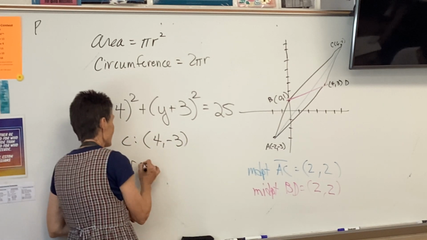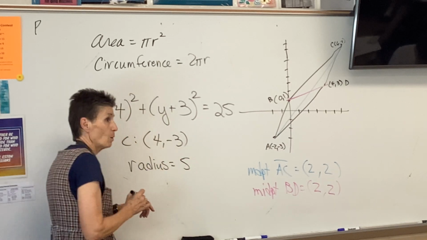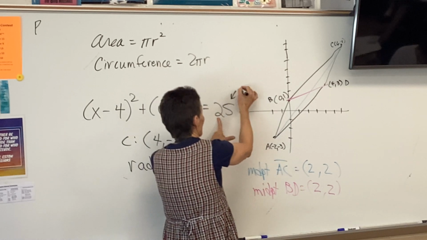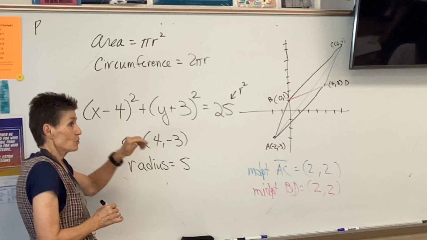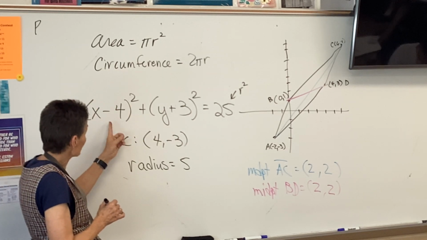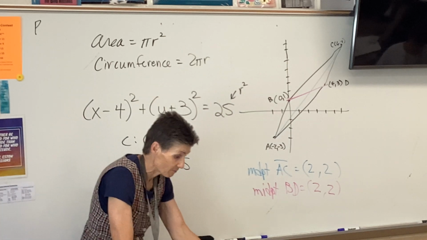And the radius of our circle is 5. Where did that come from? This is r squared, radius squared. So that's what a circle looks like. If I had this circle, the center would be at (4, -3), and the radius would be 5.